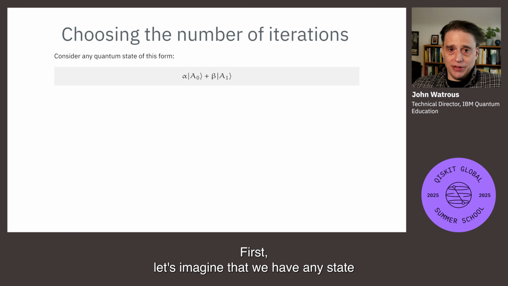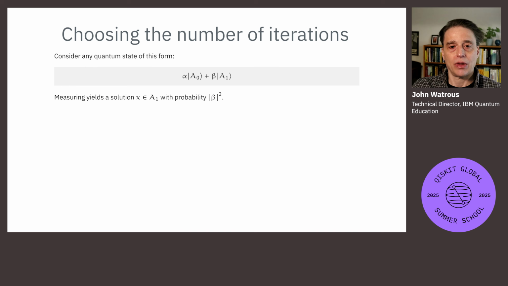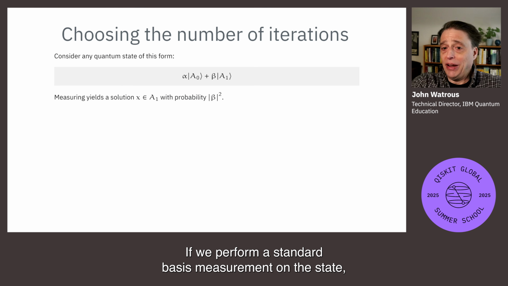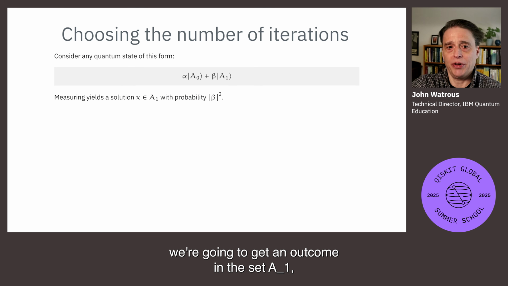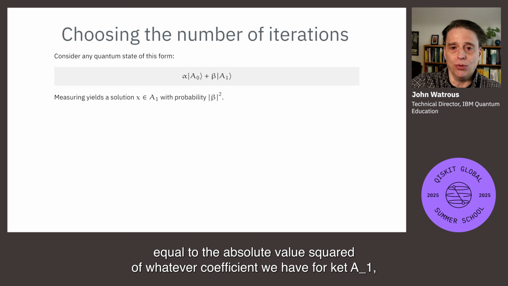First, let's imagine that we have any state that's a linear combination of our two vectors ket A0 and ket A1. If we perform a standard basis measurement on the state, we're going to get an outcome in the set A1, which is the set of solutions to our search problem, with probability equal to the absolute value squared of whatever coefficient we have for ket A1.